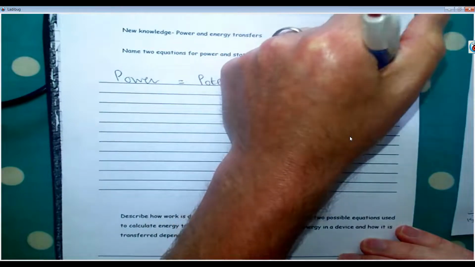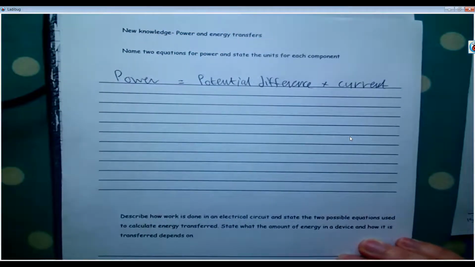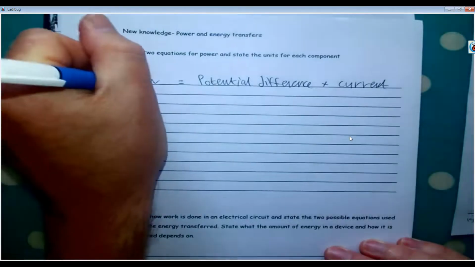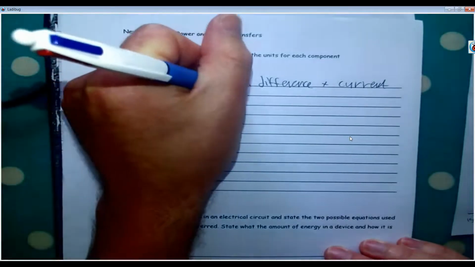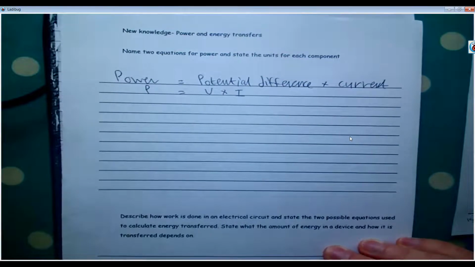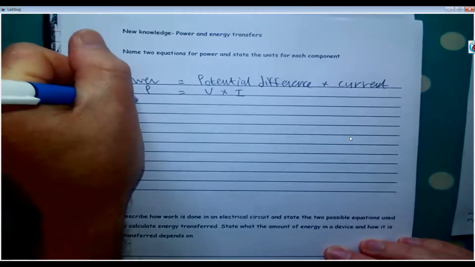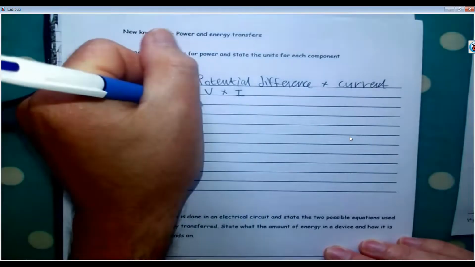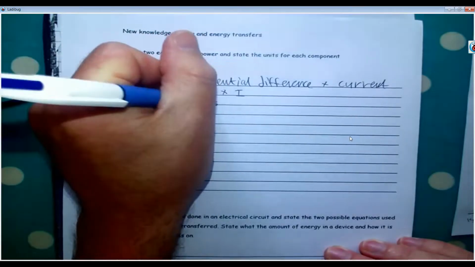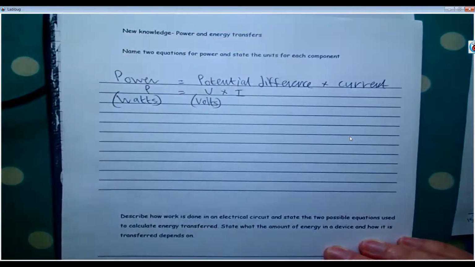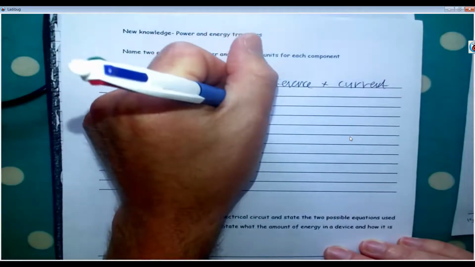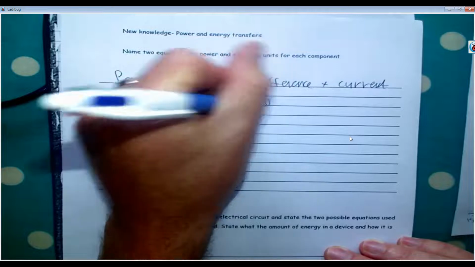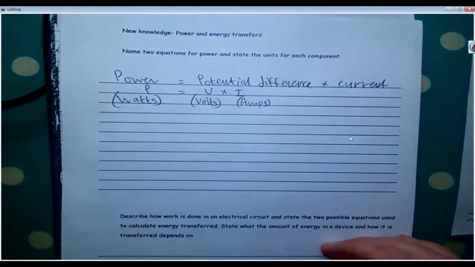That's the first equation. Or we can write that as P equals V times I. Power is measured in watts. Voltage or potential difference is measured in volts. And current in amps. So that's one of the equations that you need to know.